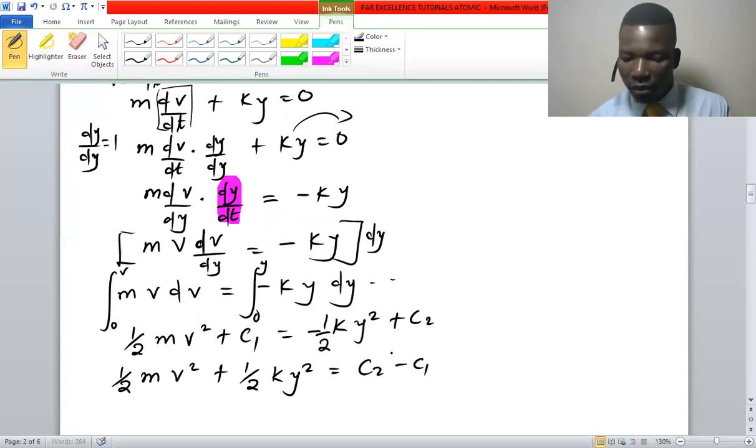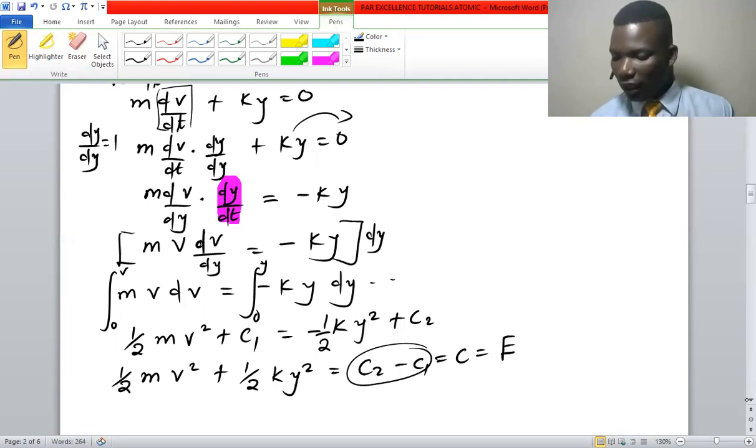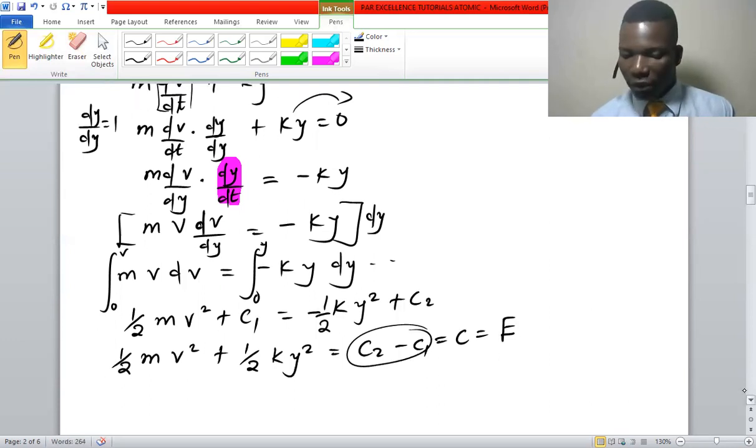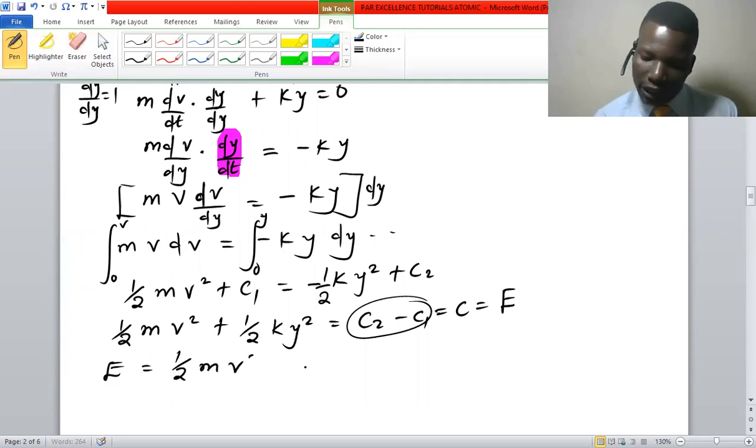And remember, these are constants, which just equal to c, and this c is going to be equal to the total energy stored. So the total energy stored is going to be half mv squared plus half ky squared.